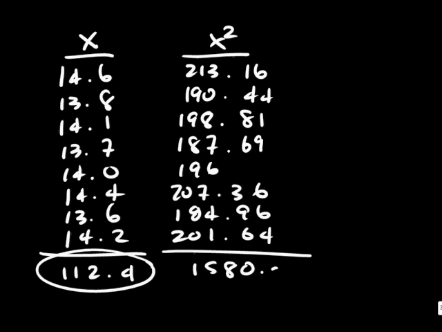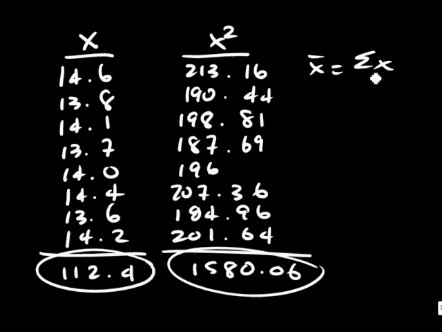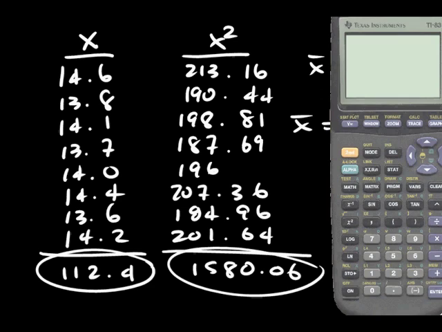Now, computing the sample mean, it's the sum of the data divided by the sample size. So in this problem, we will take the sum of our data values, which is 112.4, and we'll divide by the sample size, which was 8.